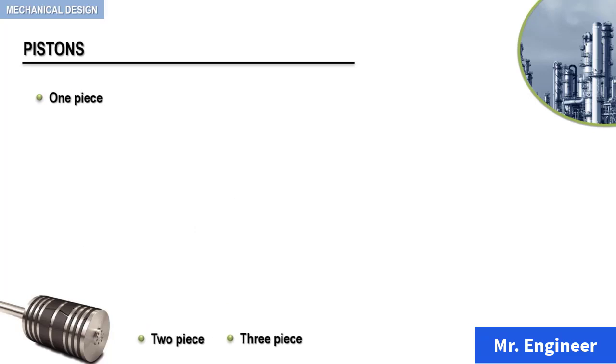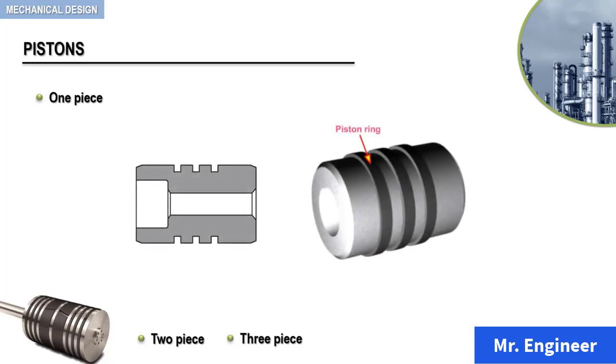For the first type, as the name suggests, these pistons are in the form of a single piece. A typical 3D example and its corresponding cross-sectional view are depicted here. These pistons are solid cast iron or steel for small bores and high-pressure differentials, or hollow cast iron or aluminum for large diameter and low pressures.